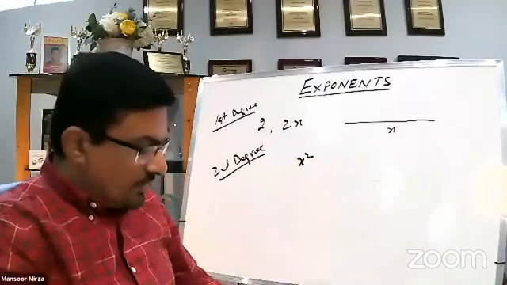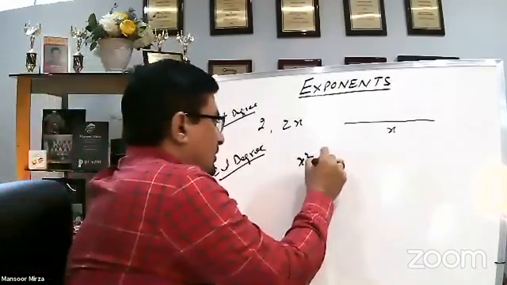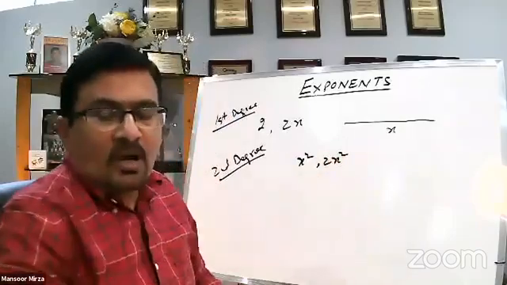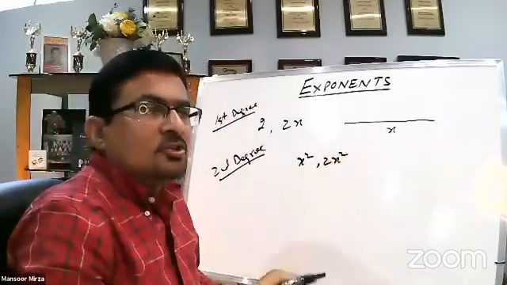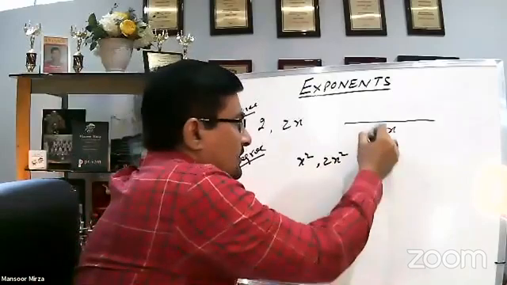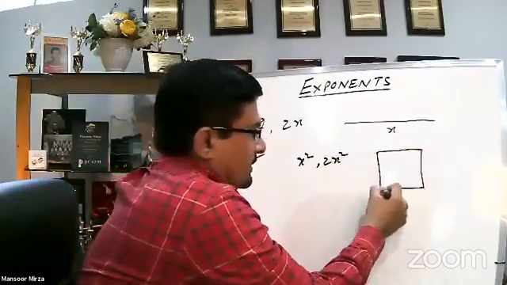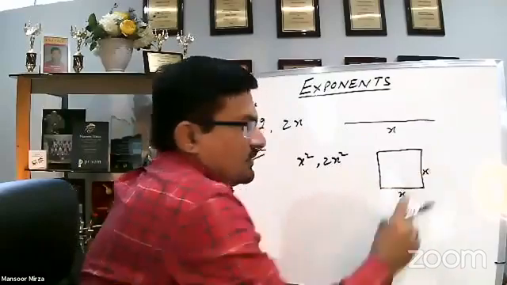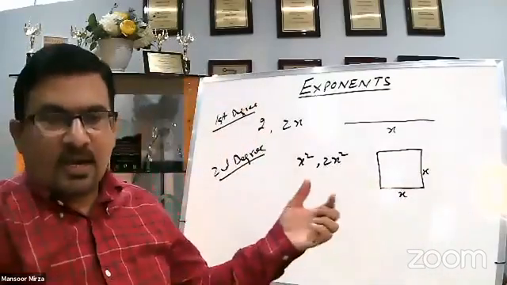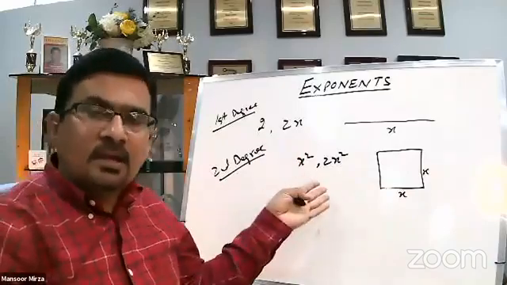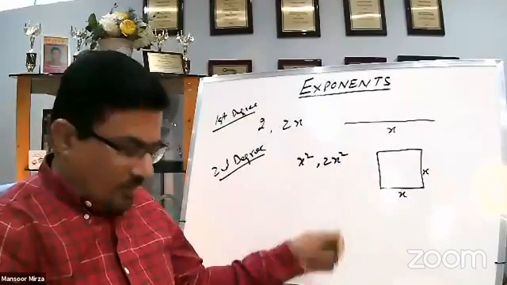So this is the second degree, or anything, for example 2x squared. These 2 degree terms always give you two-dimensional figures. This was a straight line, so this could be like this, x and x. So it is easy to understand: the first degree always represents a straight line. The second degree represents a two-dimensional figure.